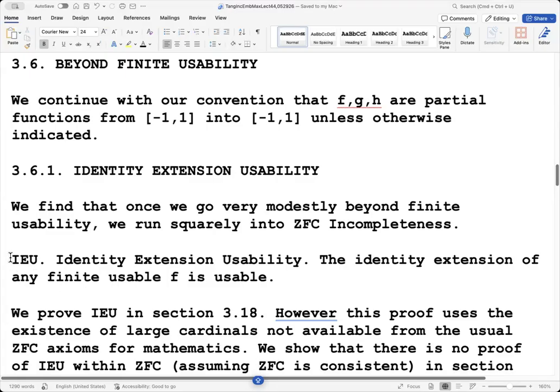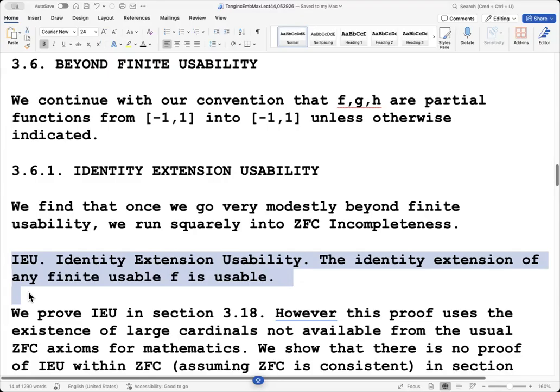All right. So here is now the new statement, slightly different than before. The identity extension of any finite usable F is usable. Period. The identity extension of any finite F is usable.